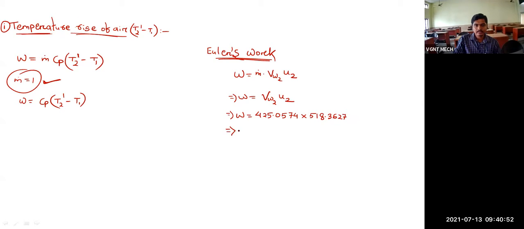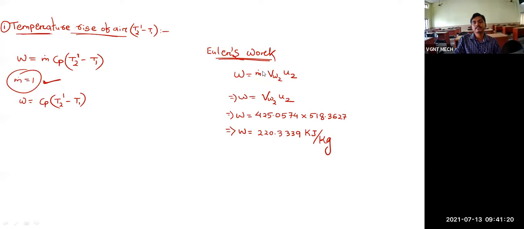Multiply these two things, and what is the work done? We will get 220.3339 kilojoules per kg.